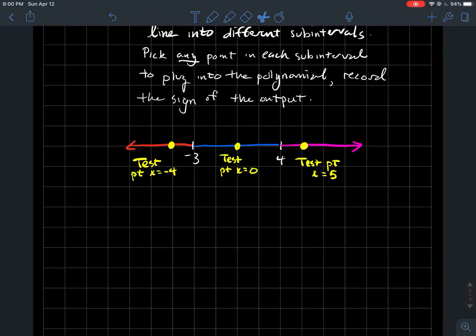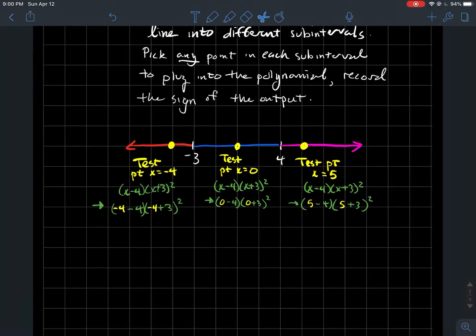Then you plug each test point back into your original polynomial, not the inequality with the less than 0. I just care about the thing that was in green in the beginning: x minus 4 times x plus 3 squared. So plug in each of those yellow numbers for the x's. I do this all at once, but you could do these one at a time, the red interval first and then the blue, etc.